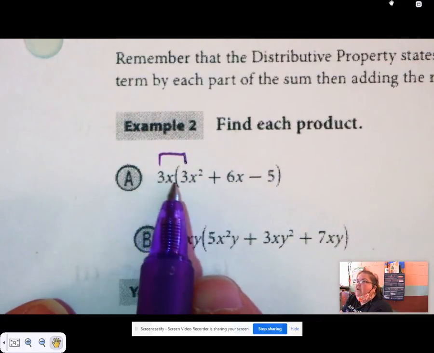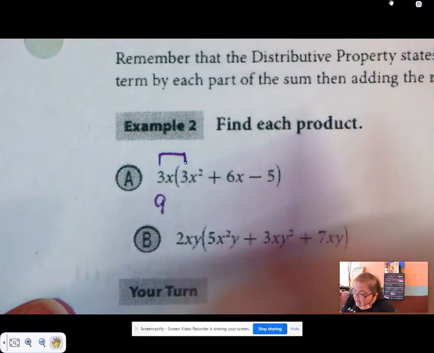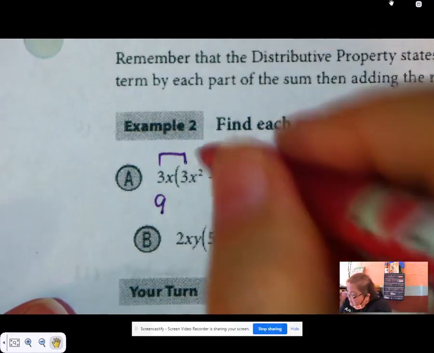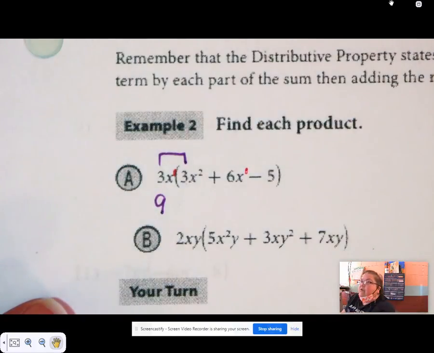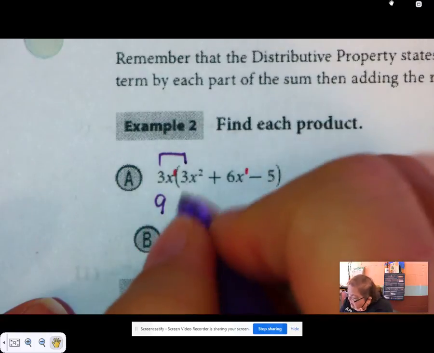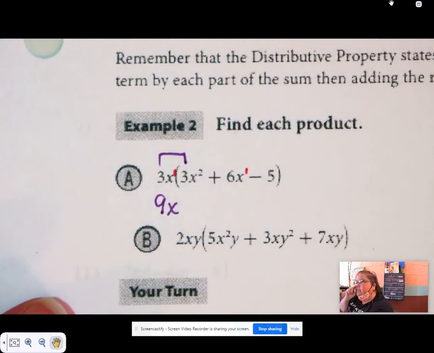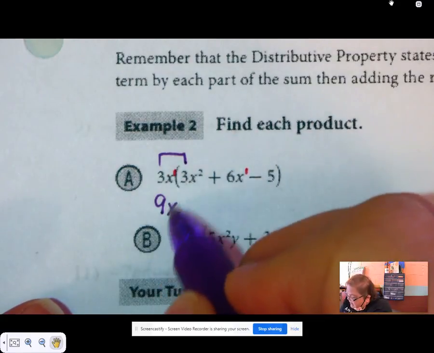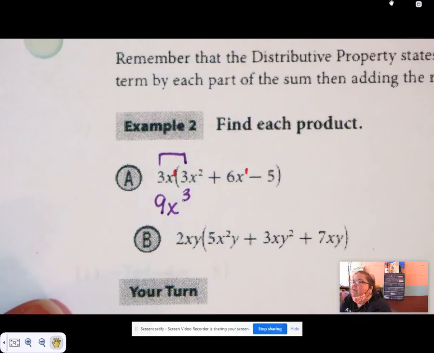So what is 3 times 3? 9. Now, if it doesn't have an exponent, give it 1 because it may help you remember what to do there. Now, the x's are like bases, so it is 9x to the third power because 1 plus 2 is 3.